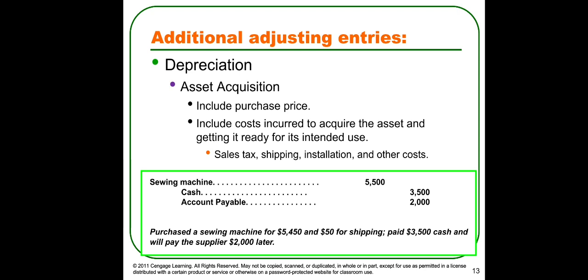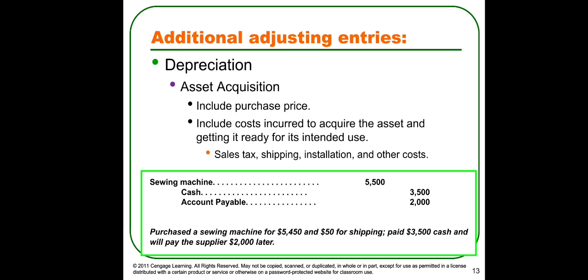When you record the sewing machine in your account, the value of the sewing machine is the price, which is $5,450 plus the cost that you have to pay to acquire or to get the sewing machine. In this example, the cost to get the machine is $50, which is the shipping cost.